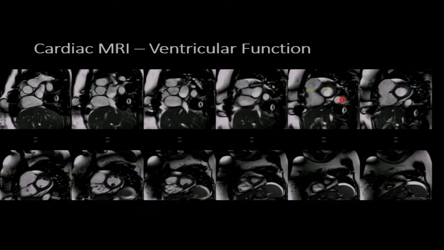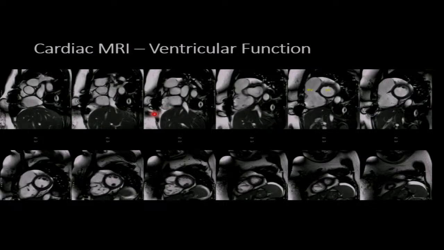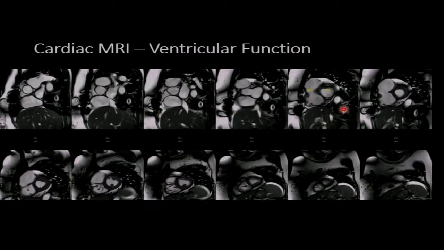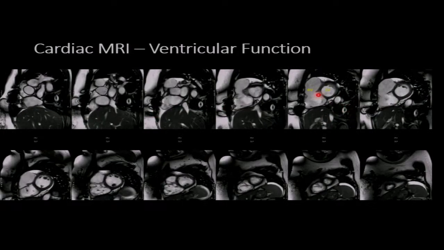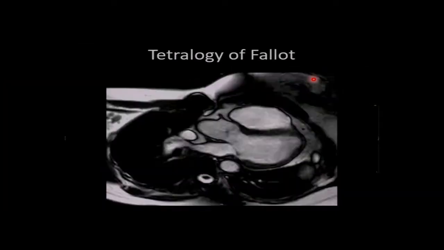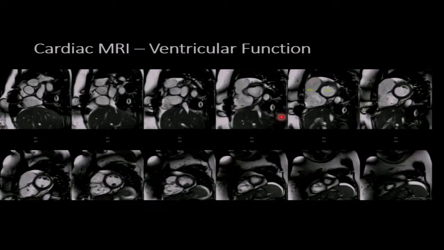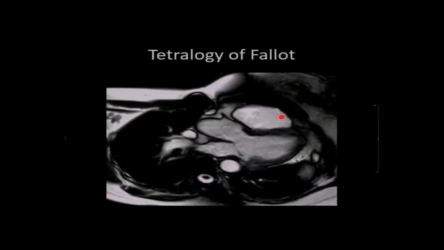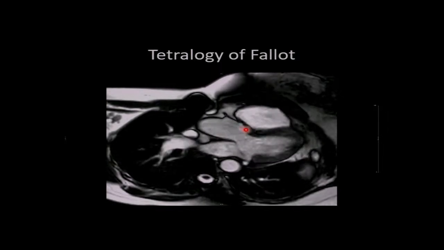Let me see if this is a stack across in a short axis stack. You can see here the RV and the RVOT. I think I have a larger picture. We'll go back to that. You can see here the patch, just like you saw in echo.